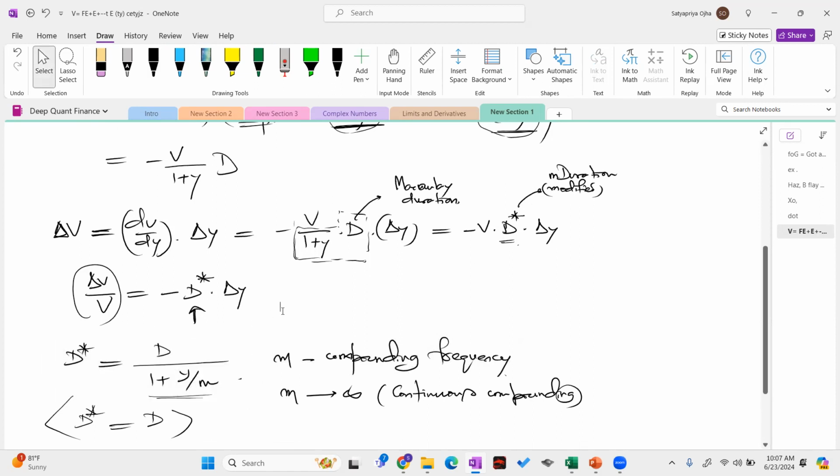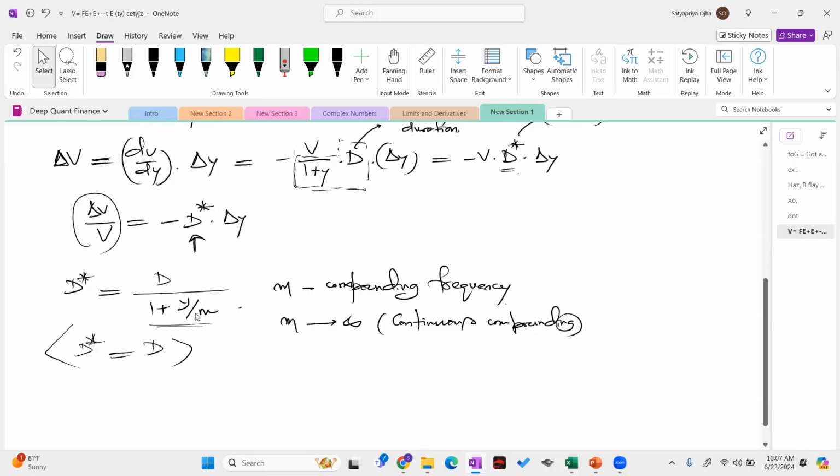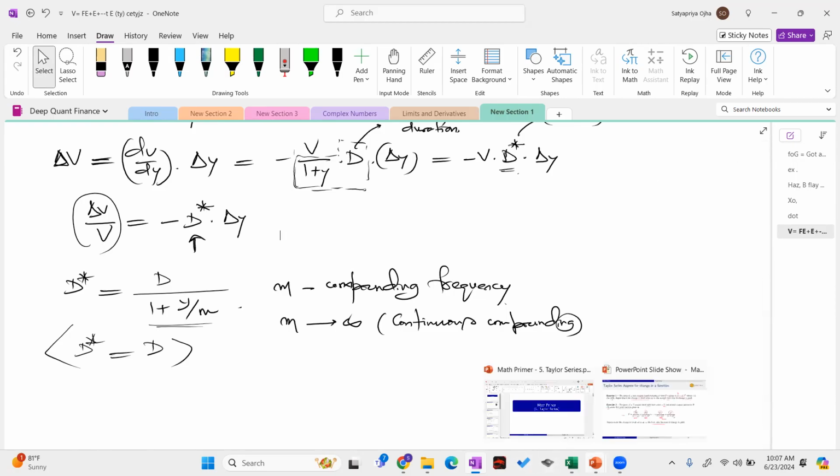This is a very good exercise. Okay. All right. I hope this is clear. Now, this is a very fundamental application of Taylor series to a finance problem where we are concerned with the change in value of the derivative or the bond.